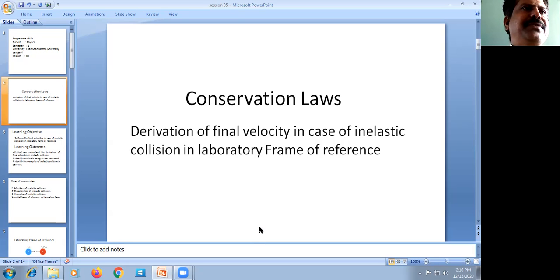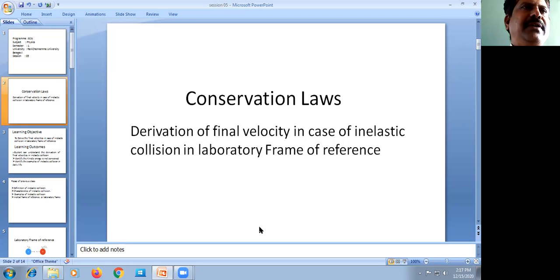The examples of inelastic collisions are a bullet hitting a target, a car hitting a bicycle or bike, or a truck hitting a car or bicycle.